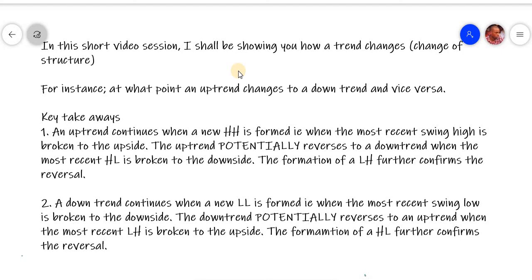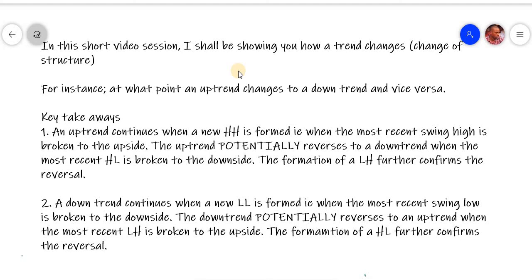The key takeaways of this short video session shall be: an uptrend continues in the uptrend when a new higher high is formed. That is when the most recent swing high is broken to the upside.